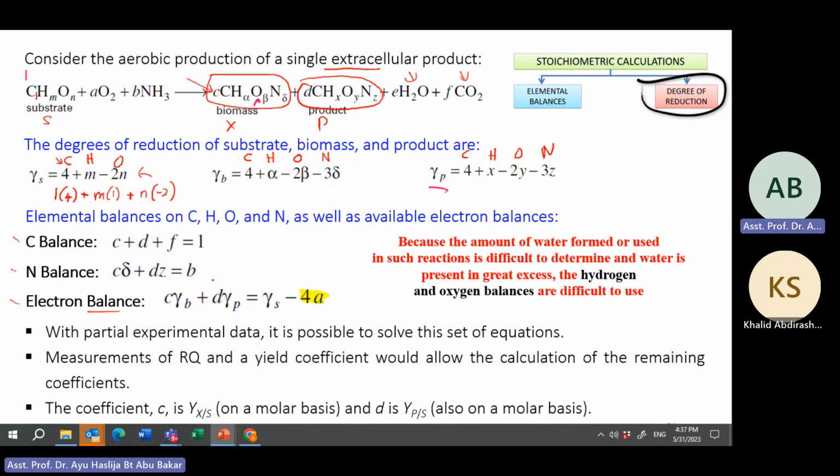This one, left, right. Okay, C of biomass. See here, the mole of biomass plus mole of product equals the substrate. Negative 4A. Where does this negative 4A come from? YS is the substrate over here.